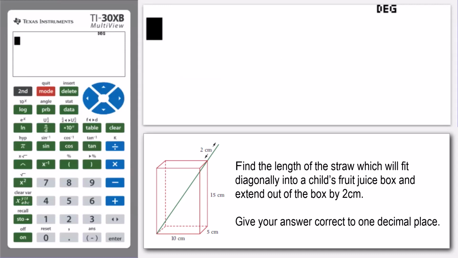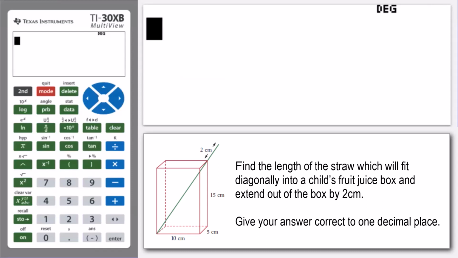So first of all, let's have a look at our three-dimensional diagram. The base is rectangular, 10 centimetres by 5 centimetres, and notice that the height of the box is 15 centimetres. We have a straw that's inside the box, and note that it extends out by 2 centimetres.